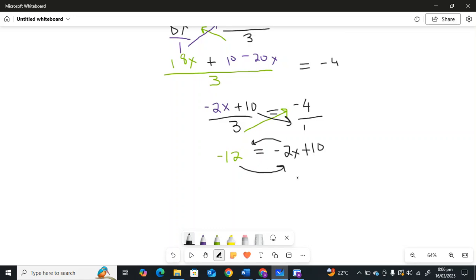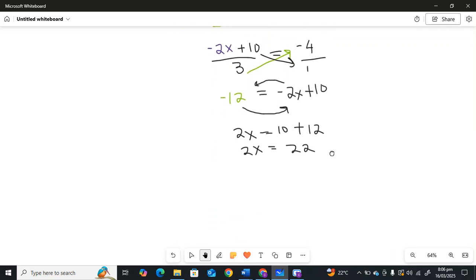So you're going to have 2x equals 10 plus 12, 10 plus 12 is 22. Any questions so far, colleagues?